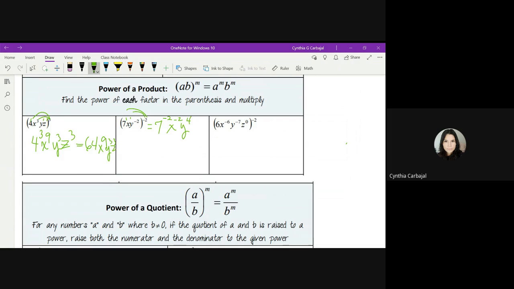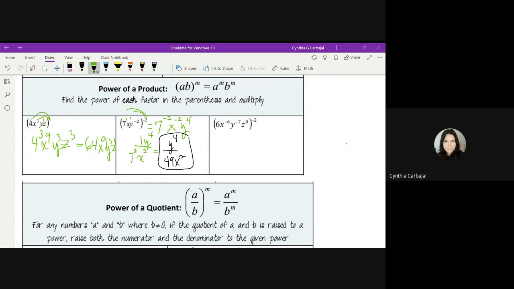Now we don't want to leave our negatives the way they are, so we move that 7 to the bottom and then make the exponent positive. Move that x to the bottom and make that exponent 2 positive. And then that y to the 4 is already positive, so it stays where it's at. So our answer is going to be y to the 4, and I don't really need that 1 in the front, over 49 x squared, right?